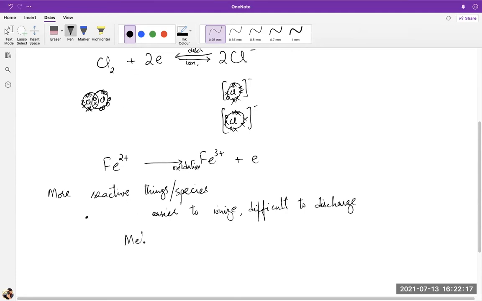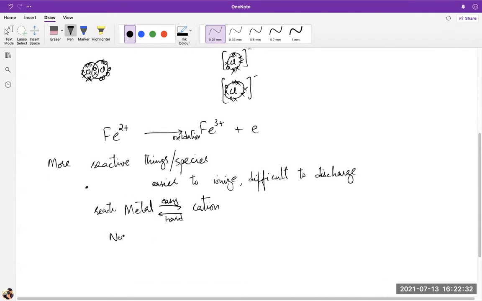So for example, if I have a metal, then a more reactive metal is easier to make a cation. It's easy for a highly reactive metal, but the reverse process is hard. But for non-metals, a more reactive non-metal is easier to make an ion, an anion.